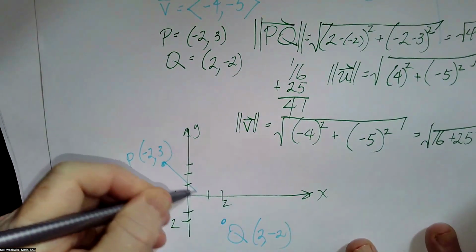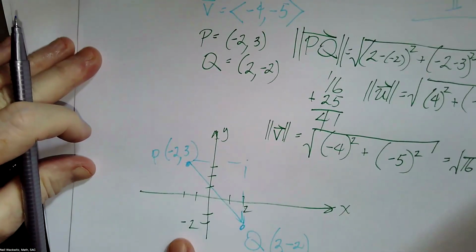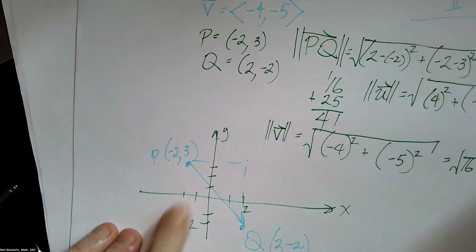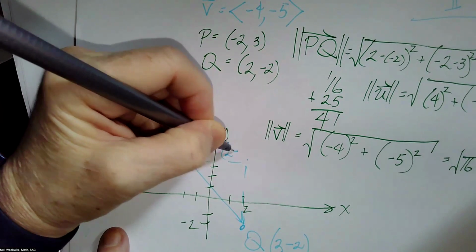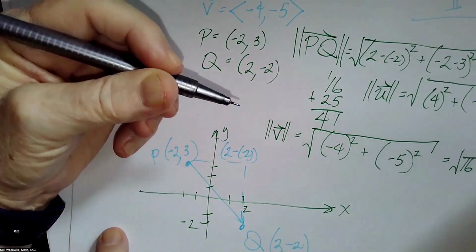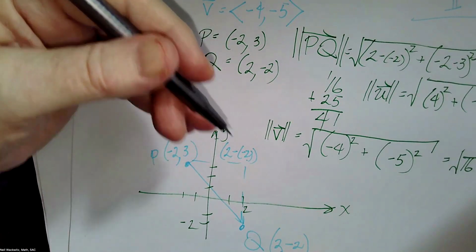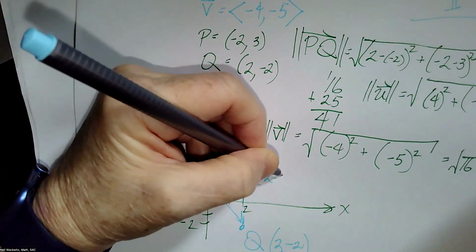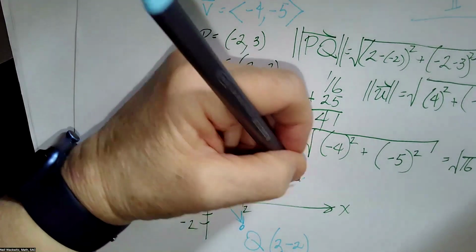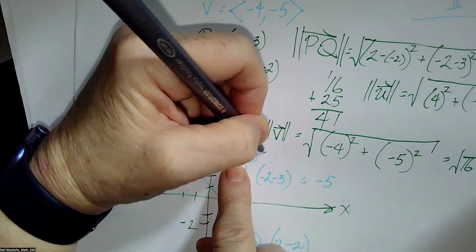And we're going from P to Q. So I can see we're going 2 minus -2 in the x direction, and -2 minus 3 in the y direction. So 4 and -5.